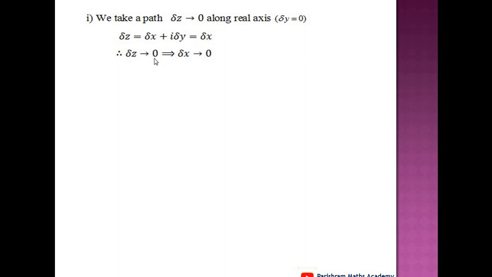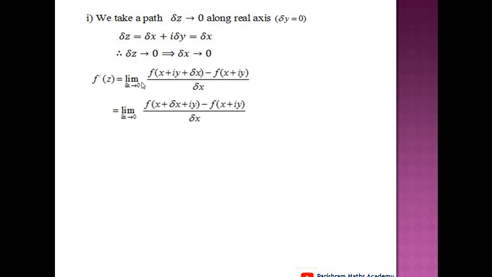Therefore delta z tends to 0 implies delta x tends to 0, and therefore f dash of z equals the limit as delta x tends to 0 of f of x plus iy plus delta x minus f of x plus iy upon delta x.